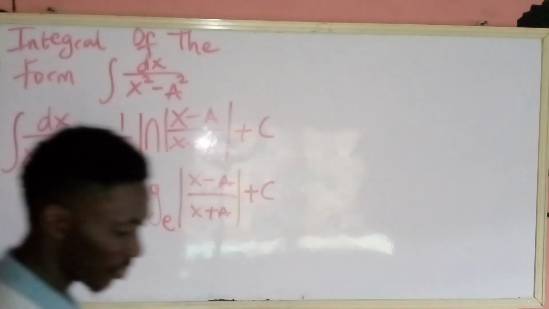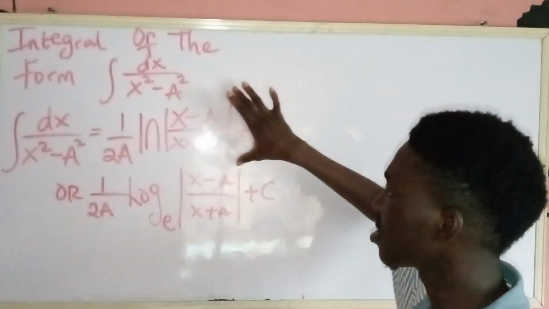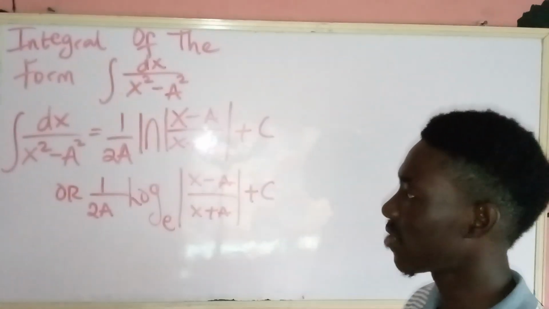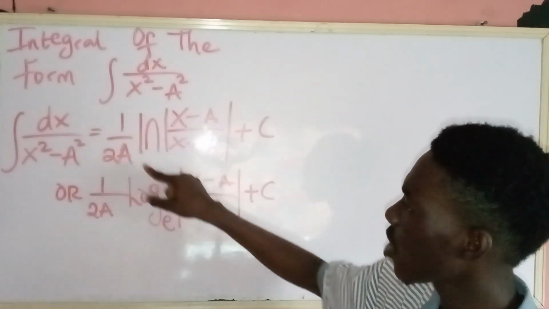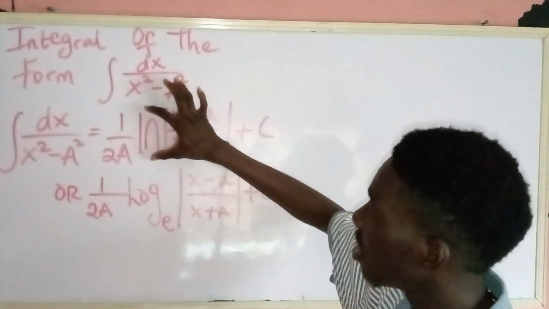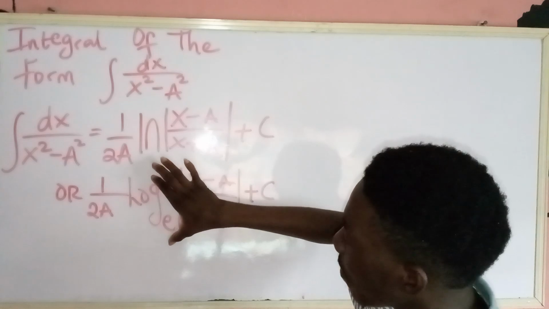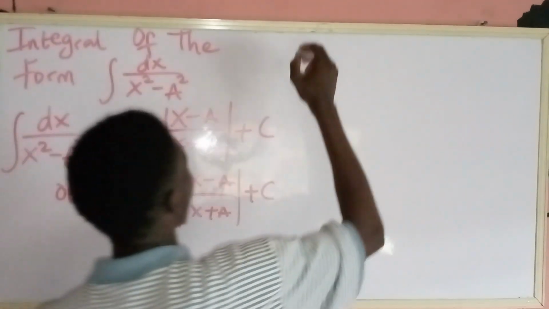Whenever you integrate such functions, the final answer you have is in this form, or this form. Now, why do we have this and why do we have ln? In mathematics, the ln and the log to the base e are the same thing.